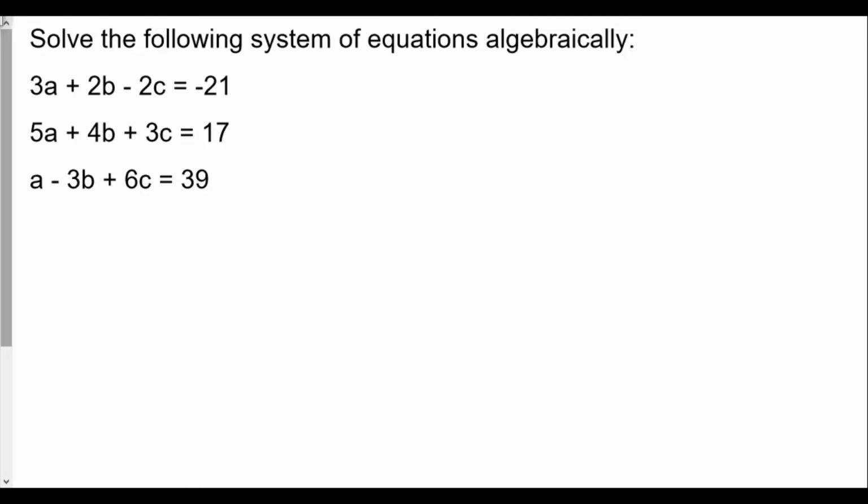That's the variable we're going to use to cancel out in the other equations. That variable happens to be a, because we have one a in equation number 3. So we're going to cancel out the a's between these two equations.